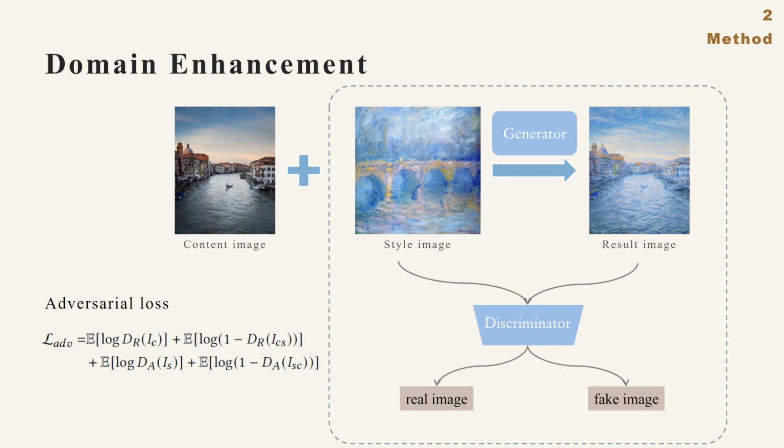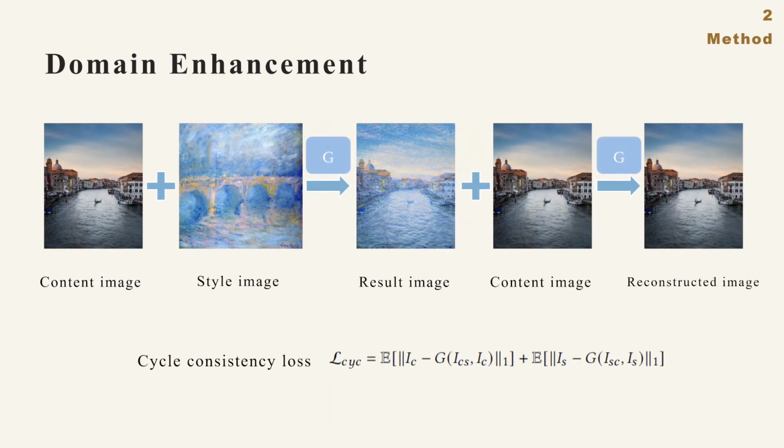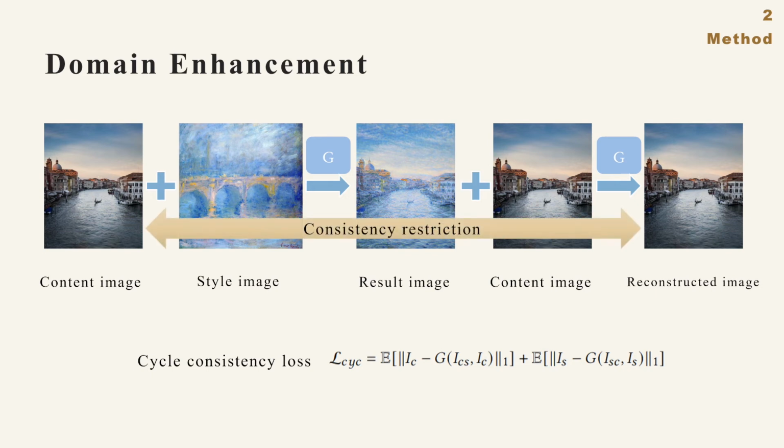Both of them are used as the real samples, and the generated image is used as the fake sample. To maintain the content information of the content image in the process of style transfer between the two domains, we also add a cycle consistency restriction.